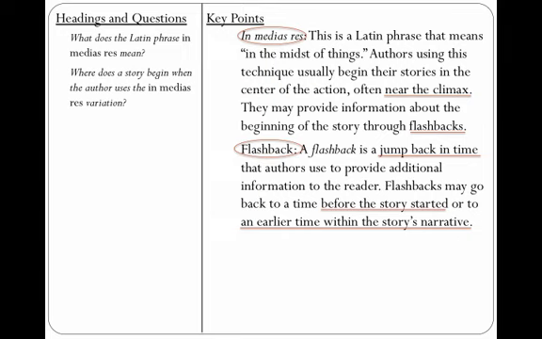So we're going back in time before the first chapter of our story to see what happened before the story began. The other place that you can go to in time for a flashback is at an earlier time within the story's narrative. This might happen when an author wants to help the reader remember something that happened earlier in the story.